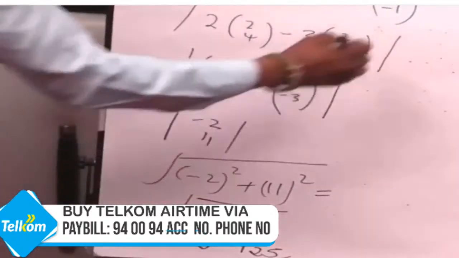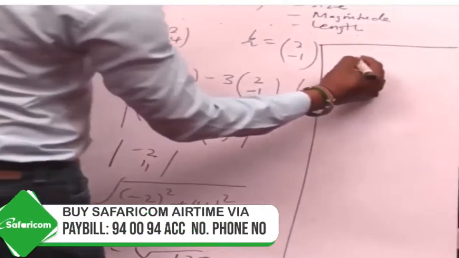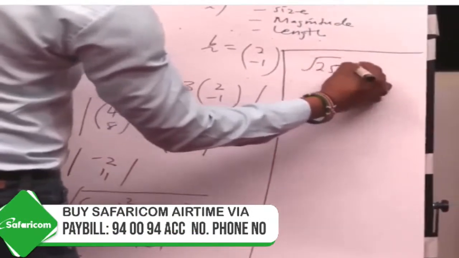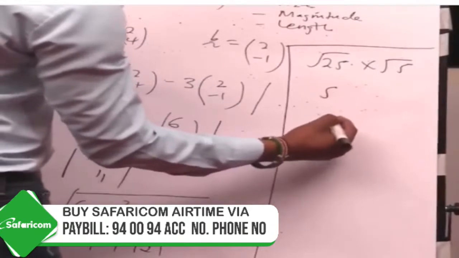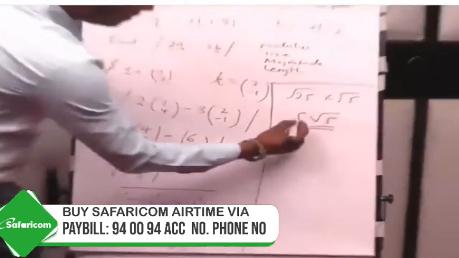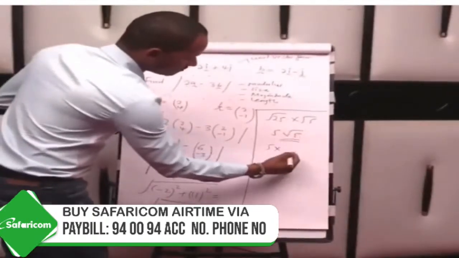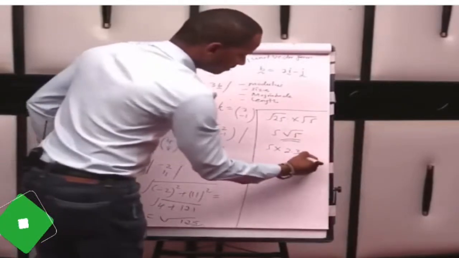So use your calculator to get the square root of 125. The square root of 125 can also be written as the square root of 25 times the square root of 5. Square root of 25 is 5, so 5 root 5. This is our answer.